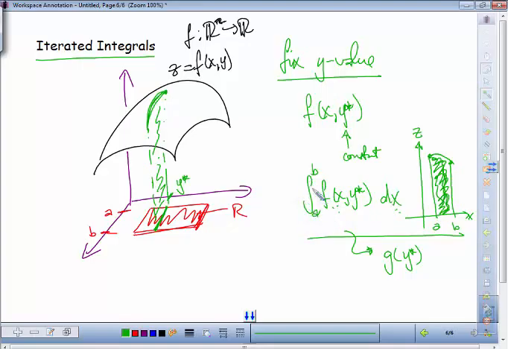That's called a dummy variable. So x is going to disappear, and you're just going to get a function of y star, which we are holding constant, but it's still going to be a value.